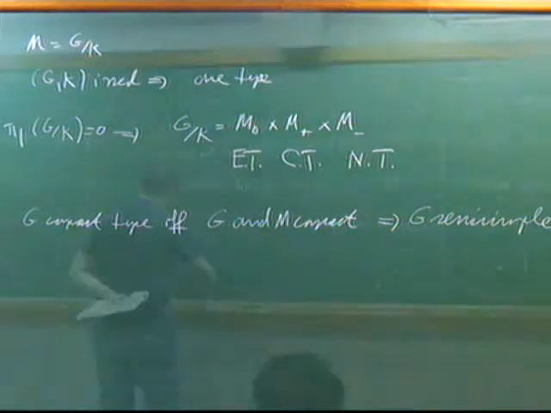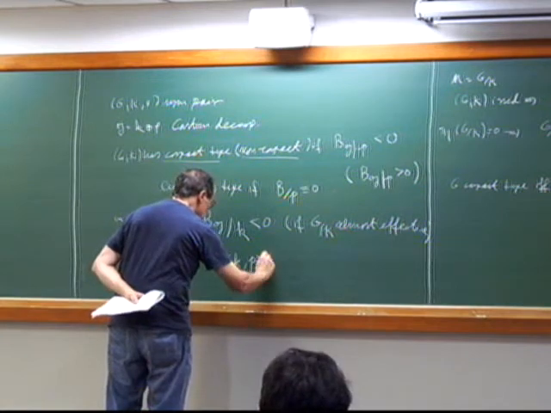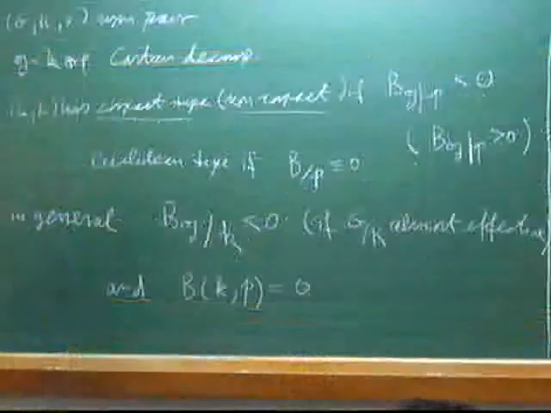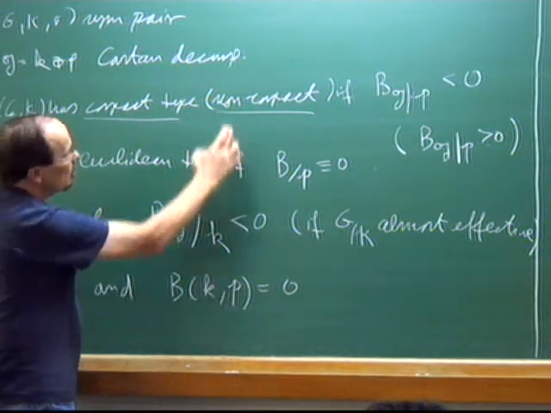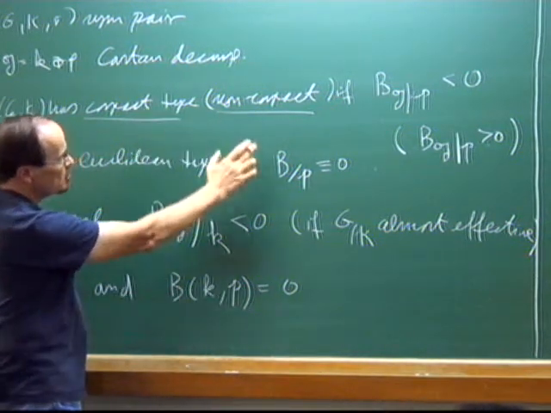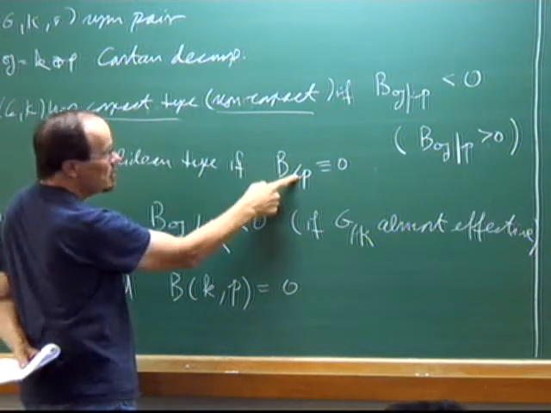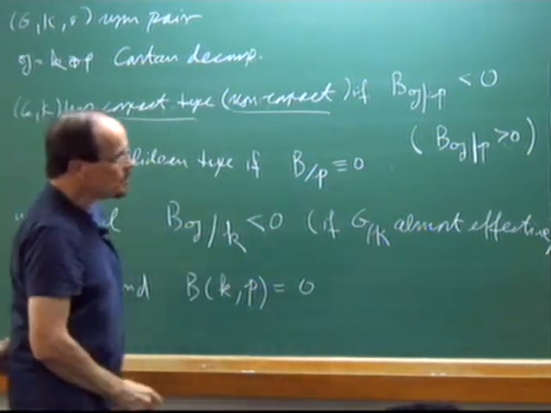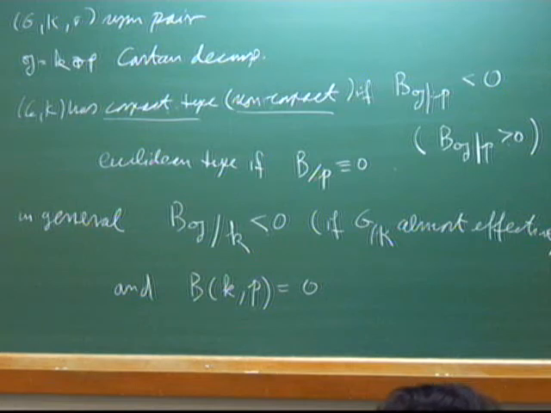And the general property also for any type is that they're orthogonal, just because these are the plus and minus one eigenspaces of the automorphism. So that's always true. And compact is negative, non-compact is positive, that means P is not degenerate. So if either one of these types is not degenerate, of course here it's not, this is not semi-simple. The type obviously depends on K. I mean, the symmetric space depends on K, right?